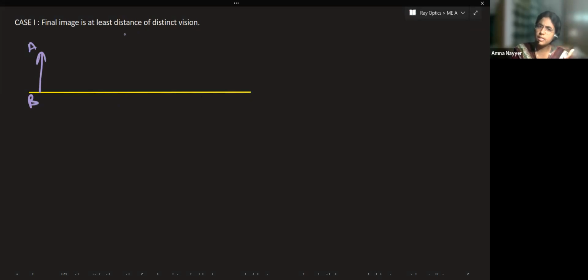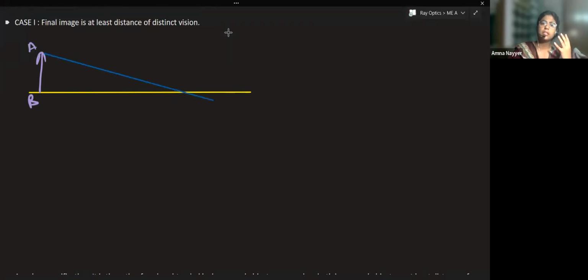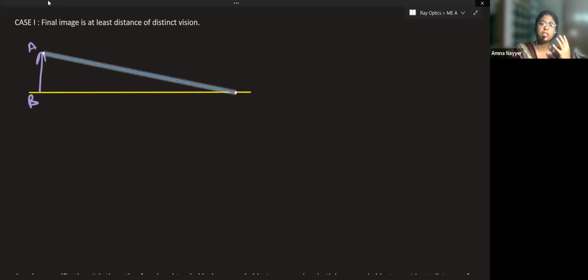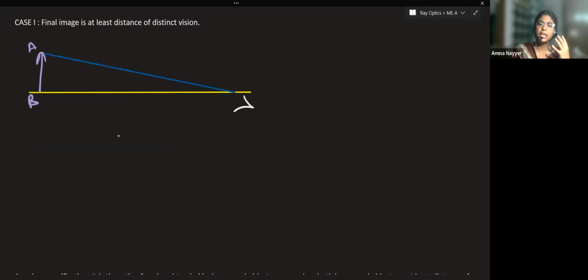If no lens is present, then what will happen to the rays? Rays will simply reach the human eye without any refraction, any deviation. Like this, here you will be able to see the object. There is no presence of any kind of lens in between.